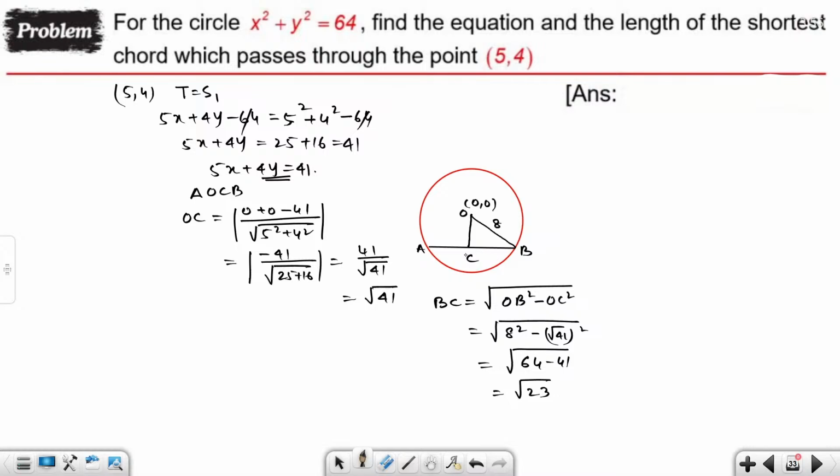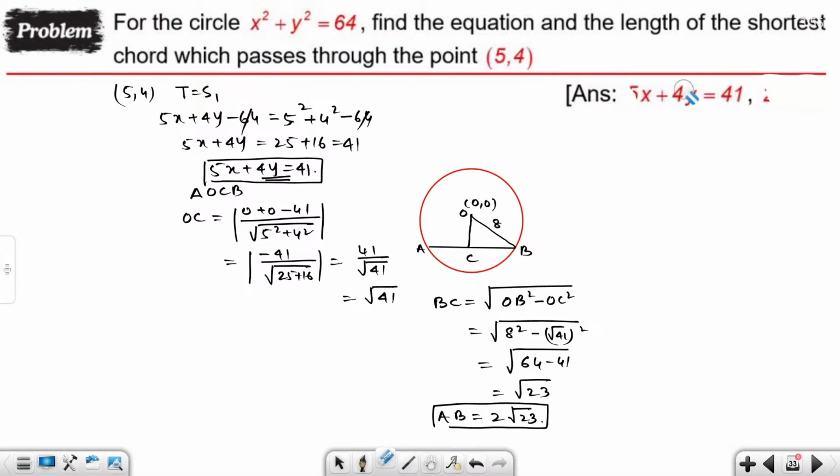Therefore, the length of BC is root 23. But we need to find out the length of the chord AB. So AB is 2 times BC, which is 2 times root 23. Clear? Therefore, the equation of the shortest chord is 5x plus 4y is 41. And the length of the shortest chord is 2 root 23.